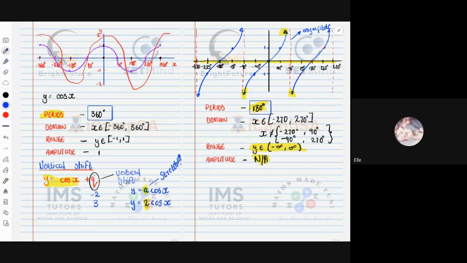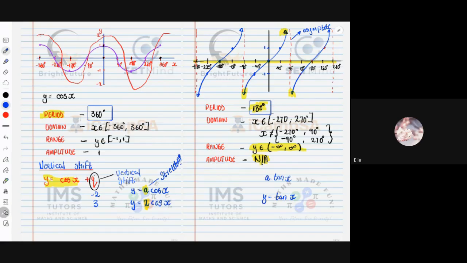But it does have that coefficient. If we introduce a coefficient next to a tangent function, let's say a tan x, it will simply stretch this function. You see here with this simple tangent function, let's say y is equal to tan x. At 45 degrees, tan 45 is equal to 1, as you can see here graphically.